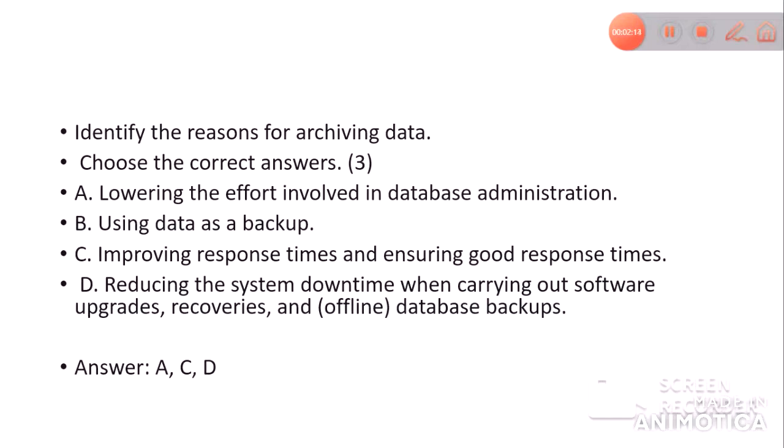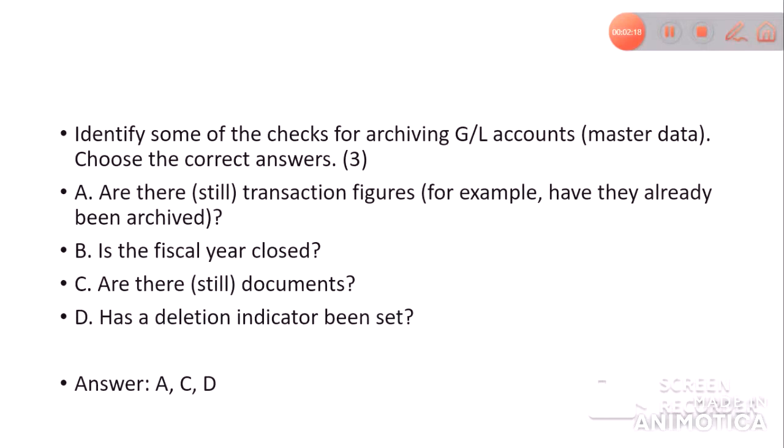Identify some of the checks for archiving GL accounts. So we have to set the deletion indicator and we need to check whether there are any documents and any transaction figures, and whether the fiscal year is closed.